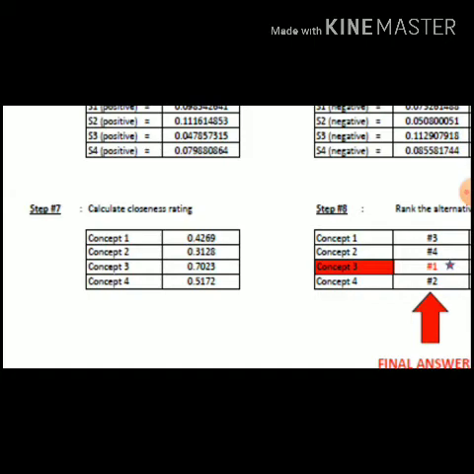So the higher the value on the numerator, the higher the closeness rating score. However, when you reduce the value of the positive separation distance, the denominator, it works the other way around, and this will increase the closeness rating.